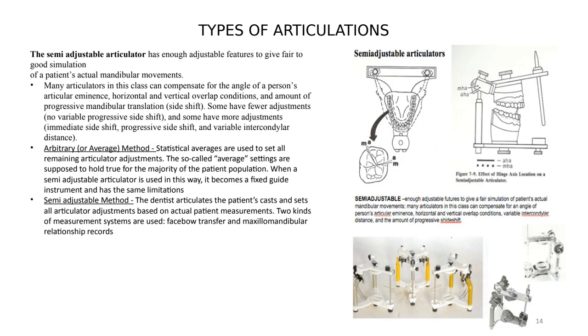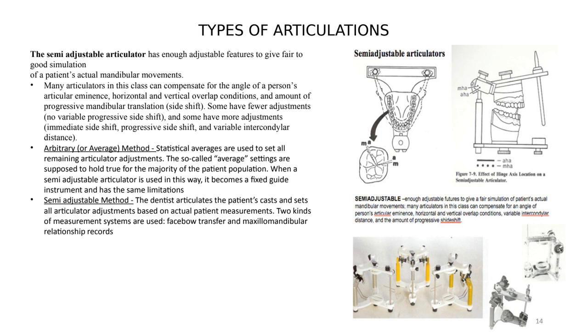The semi-adjustable articulator has enough adjustable features to give a fair, good simulation of the patient's mandibular movement, because this is the most important thing. We're trying to mimic what the patient does with their mouth, right? When they speak, when they chew, how they move their mouth.